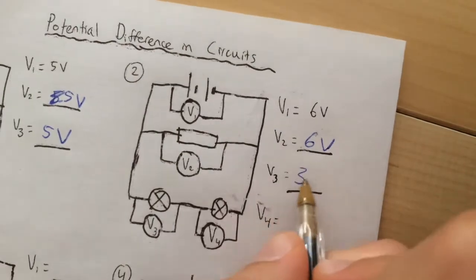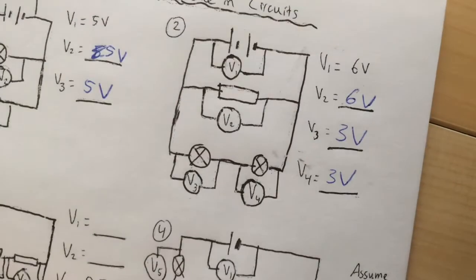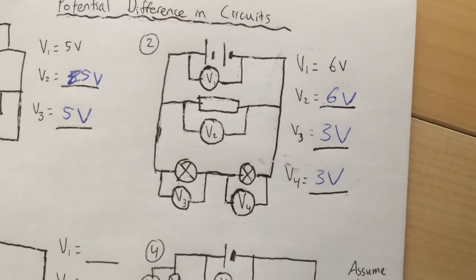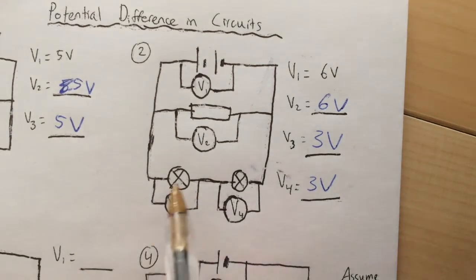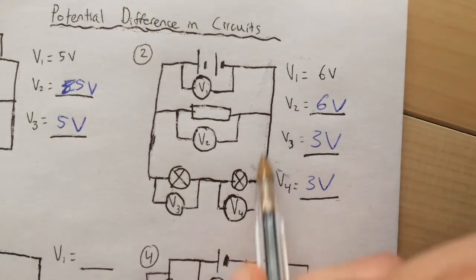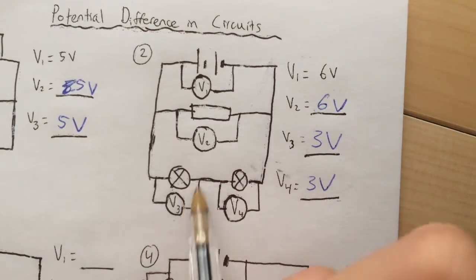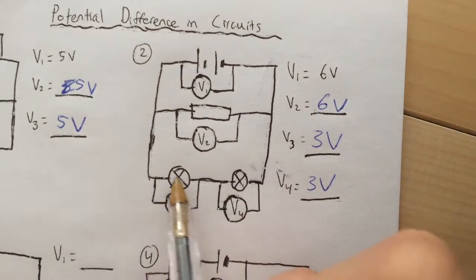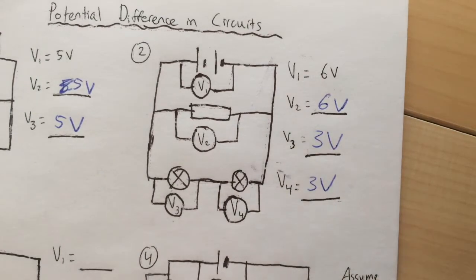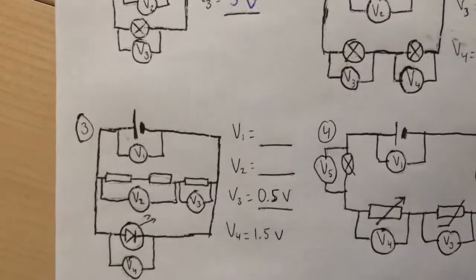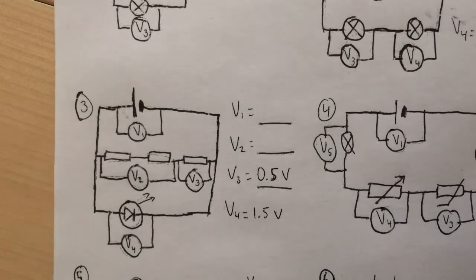So V3 is therefore 3 volts and V4 is also 3 volts. The reason for that is because the potential difference in series splits. We get 6 volts in total on this branch, but these are in series with each other, so it splits. We're going to assume they're identical bulbs and that it's an even split. So 3 volts each.